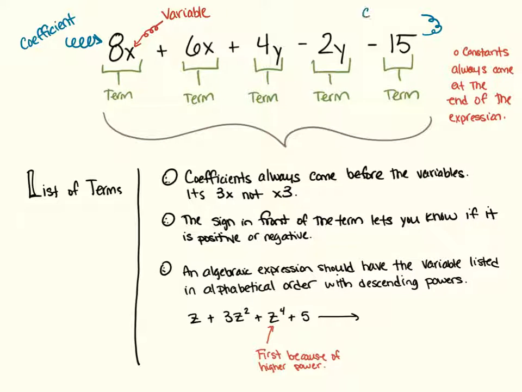Okay, so we call that a constant. Now, if you make a side note over here, it says constants always come at the end of the expression. So, ladies and gentlemen, you have to be familiar with writing expressions the correct way, especially for high school purpose. Okay, not only 8th grade, but in high school most definitely.